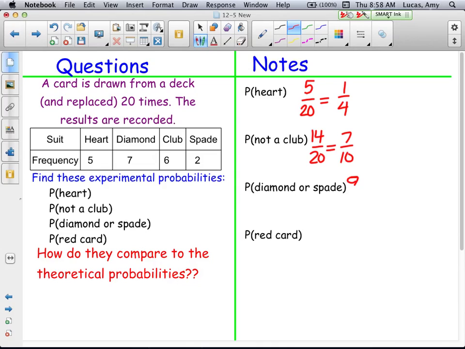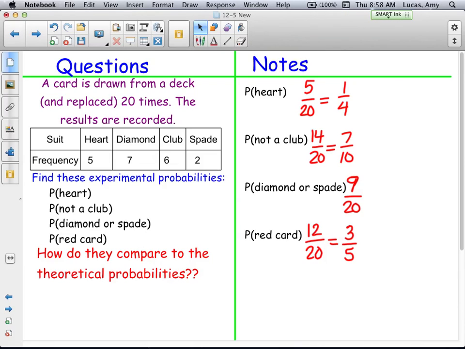So 9 out of 20, and that does not reduce. And then a red card, red cards are hearts and diamonds, so 5 plus 7 is 12 out of 20. And if I divide by 4, that reduces to 3/5.